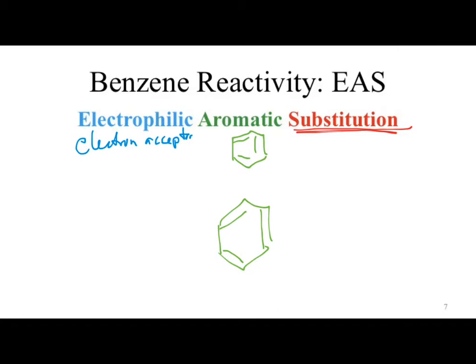Okay. What makes the aromatic ring reactive? The pi bonds. What's in the pi bonds? Electrons. So our aromatic ring is a very big source of electrons, so we would expect it to be, if we had to come up with a symbol for it, negative. What charge is an electrophile?